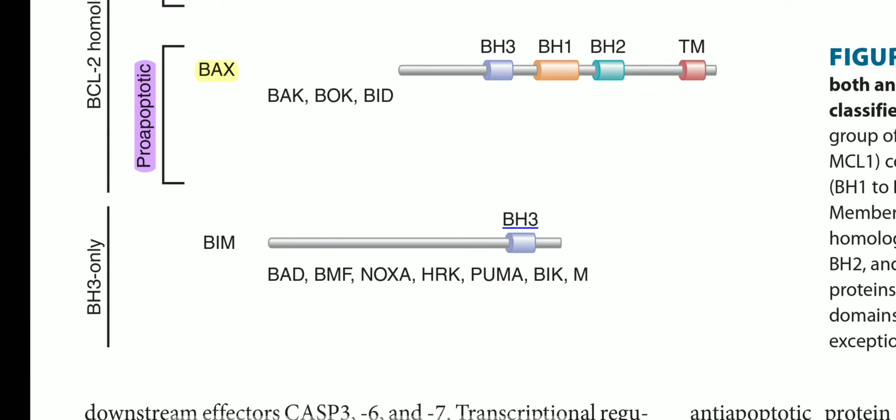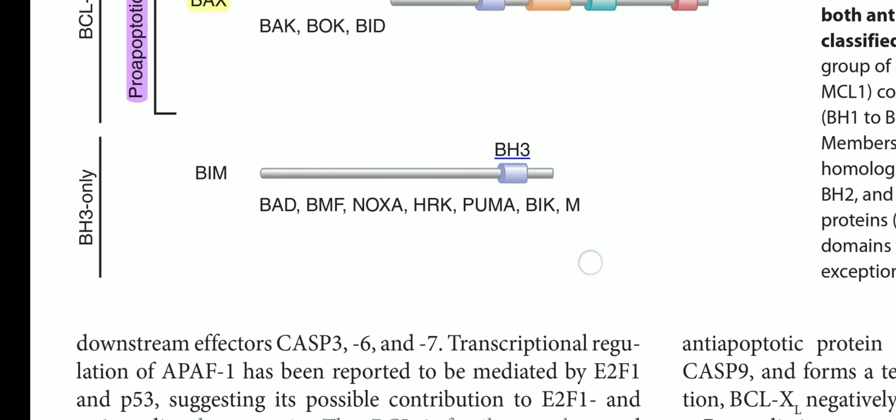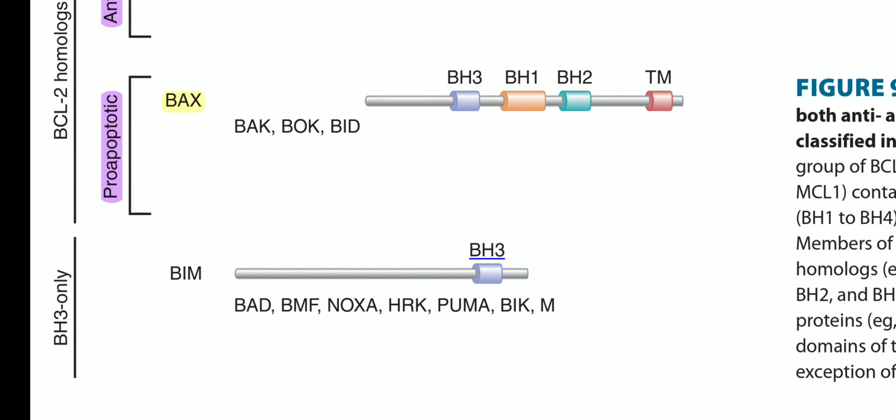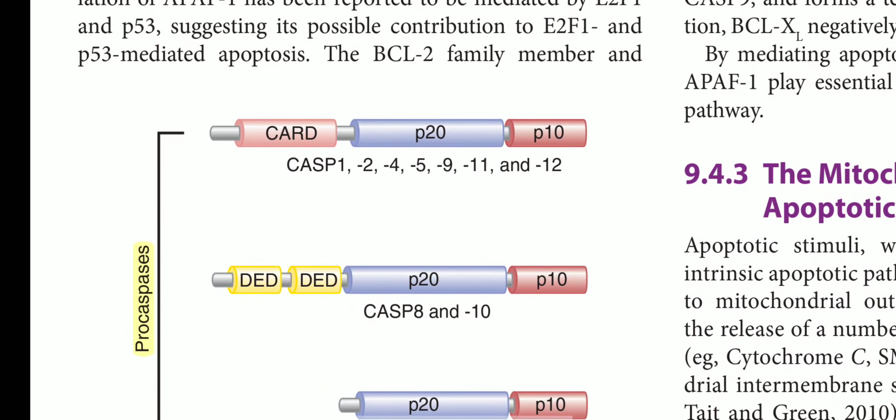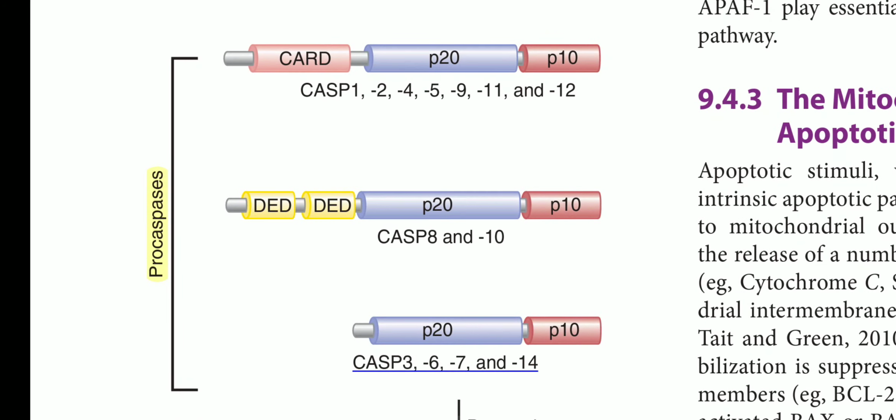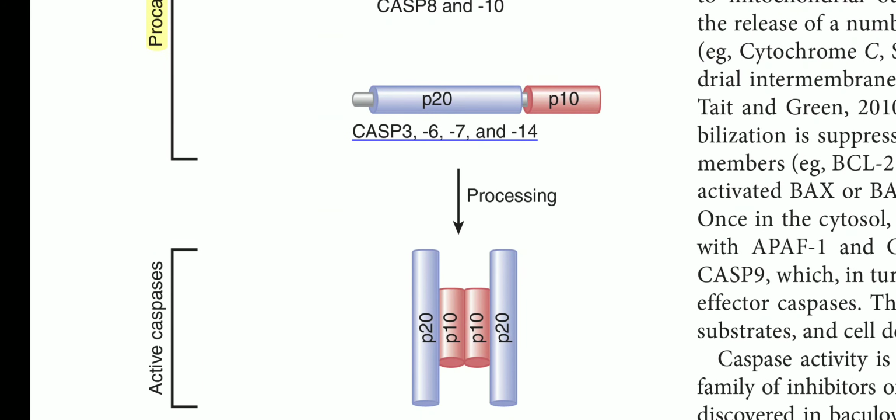But BH3-only proteins like Bid, Bad, Noxa and Puma have only the single BH3 domain. Caspases are tetrameric, heterotetrameric: p20 is the large subunit and p10 is the small subunit.